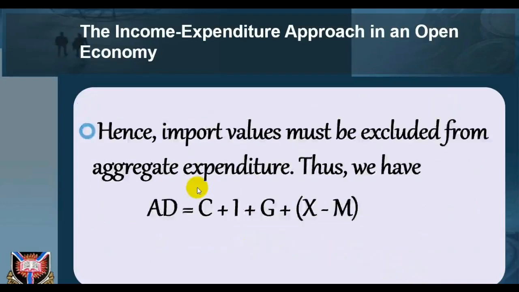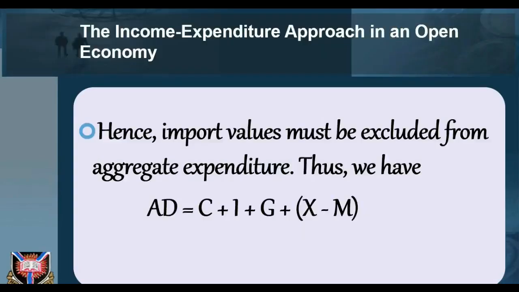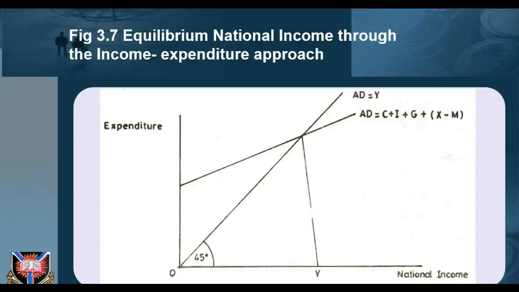Hence, import values must be excluded from aggregate expenditure. Thus, we have aggregate expenditure AD equals C plus I plus G plus X minus M. Once again, national income will be in equilibrium when aggregate desired expenditure is equal to total national income. When this is true, total desired purchases will just be equal to total production.